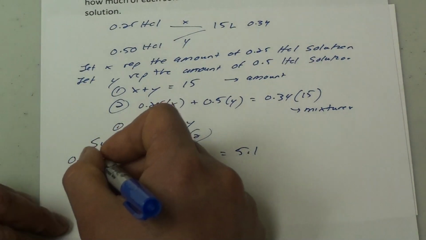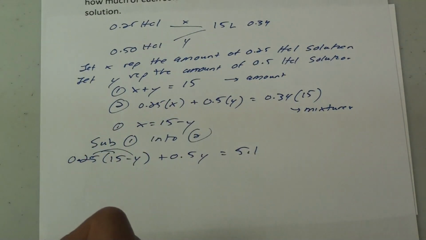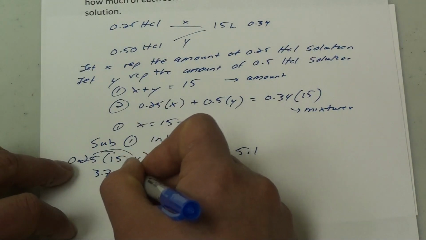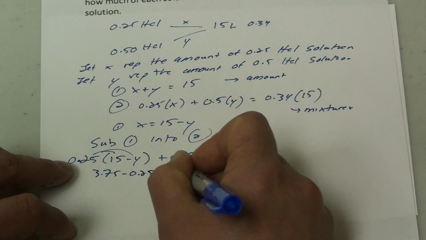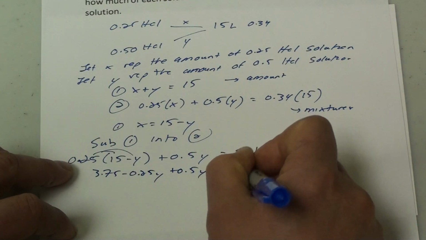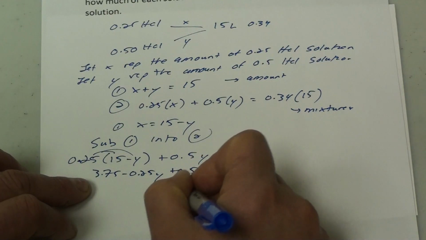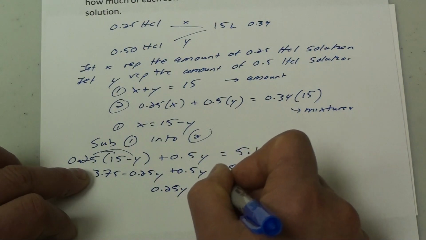Okay, so now I can multiply this 0.25 into both of those in the brackets. 0.25 times 15 is 3.75 minus 0.25y plus 0.5y equals 5.1. Collecting like terms, I'm going to get positive 0.25y equals 5.1.